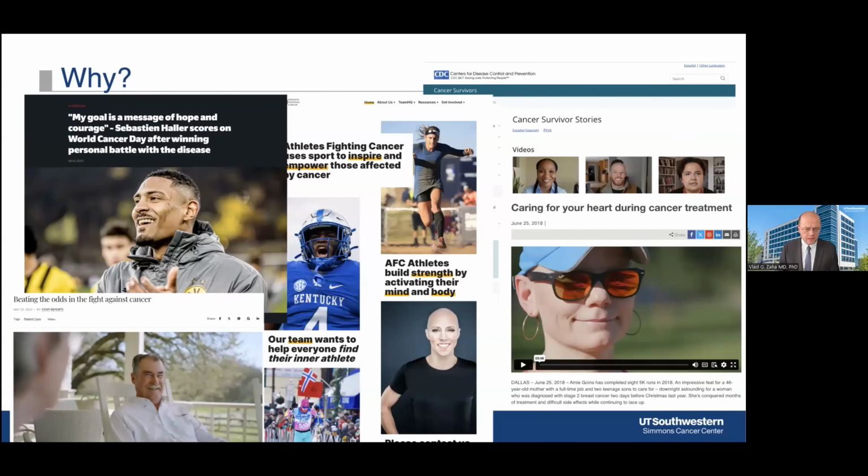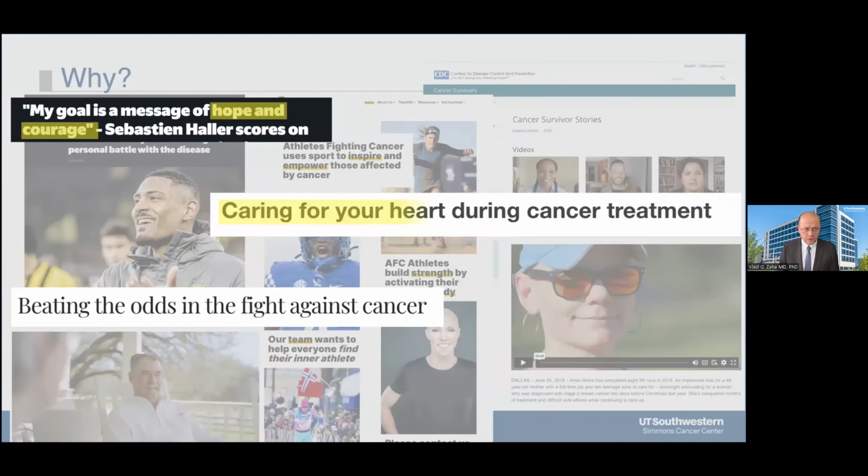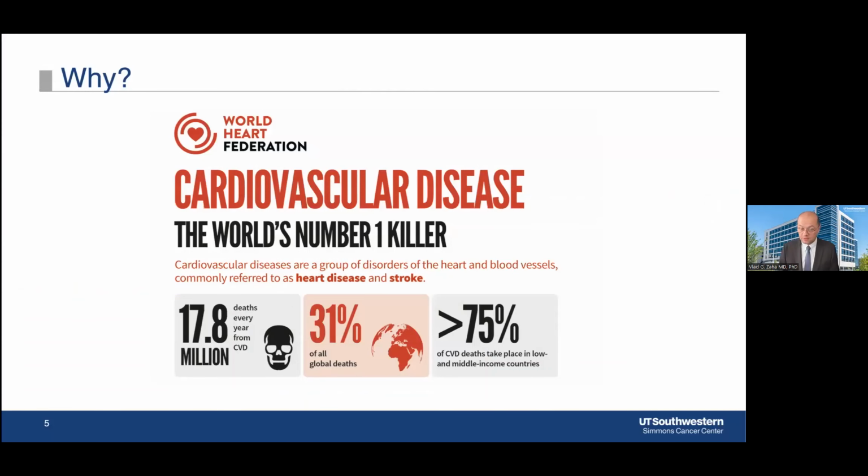These are some highlights of hope, courage, caring for your heart, and beating the odds in the course of this treatment. However, cardiovascular disease remains the world's number one killer.